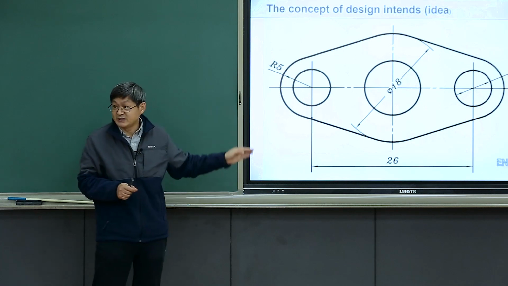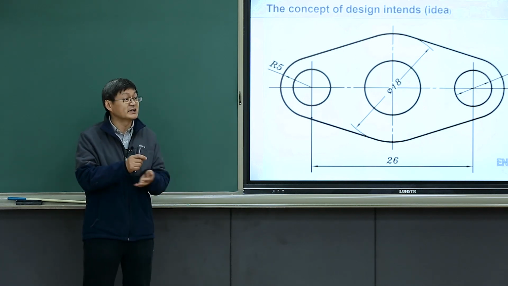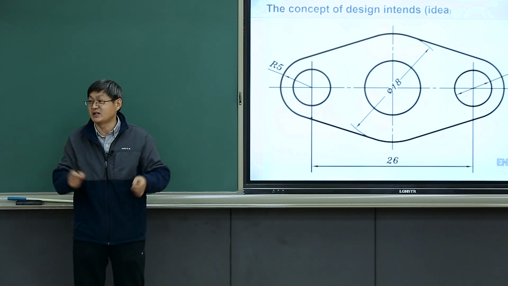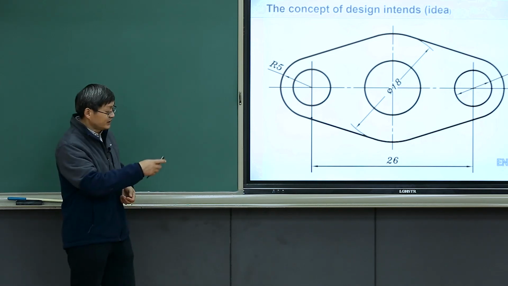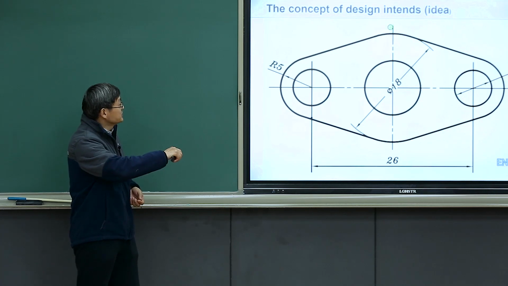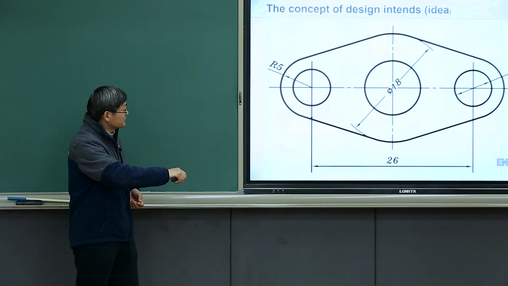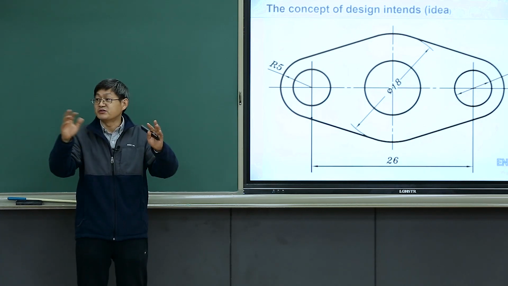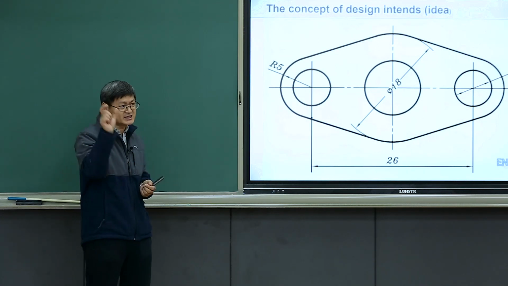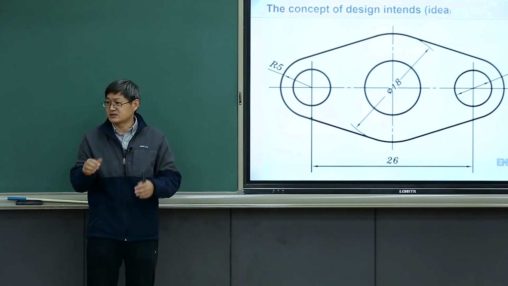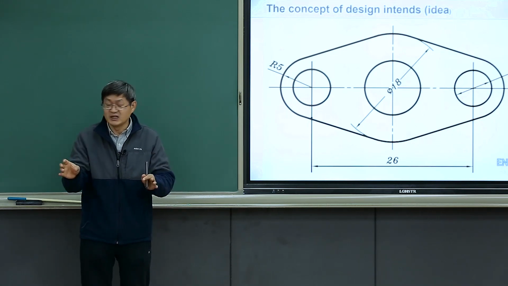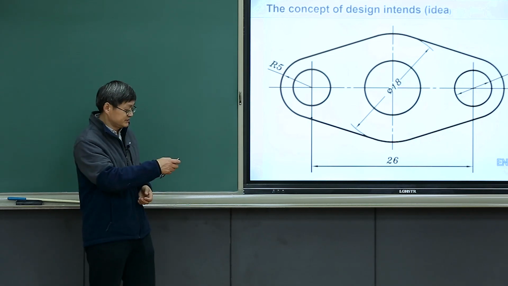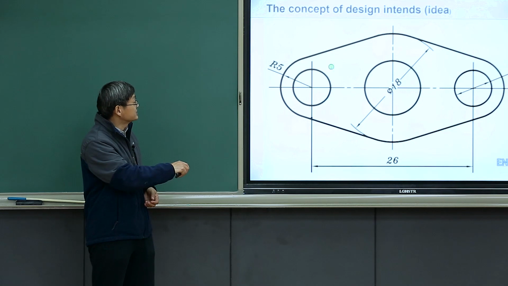But if we just make one, that reflects the design intents. These 2 circles are always the same. Okay, and we use 4 lines tangent with all these circles, and the size of these lines is dependent on the 3 circles. So we shouldn't dimension this.